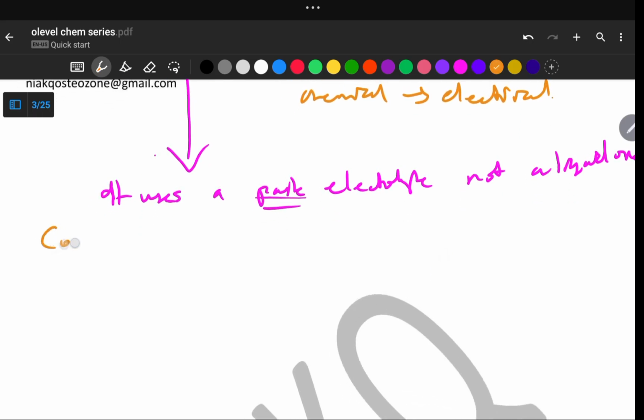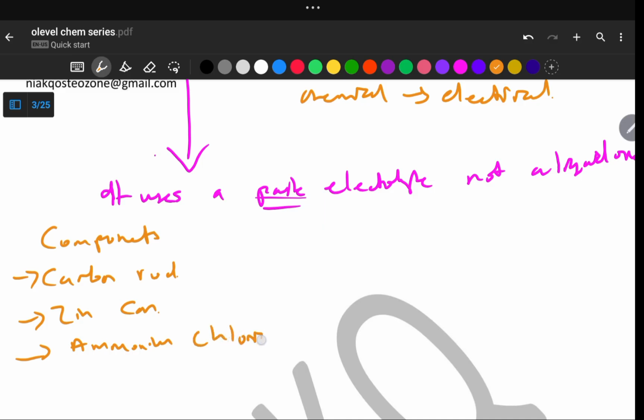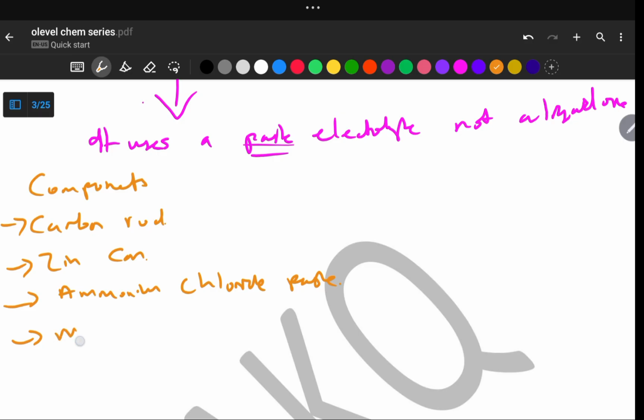The components of a dry cell. So we have a carbon rod, a zinc cane, and ammonium chloride paste, and then we also have a mixture of powdered carbon and manganese dioxide.